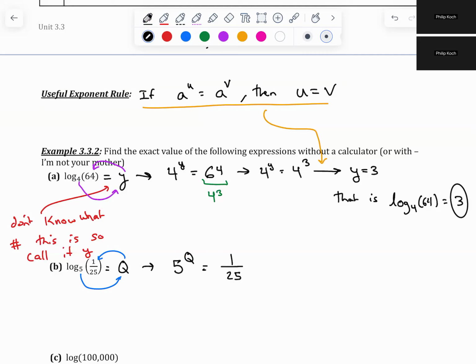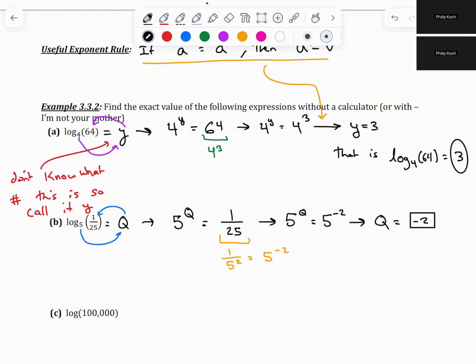And if you remember our exponent rules, 1 over 25 is 1 over 5 squared, which is equal to 5 to the negative 2. So that means that 5 to the q is equal to 5 to the negative 2, which means that q, our value in question, is equal to negative 2.